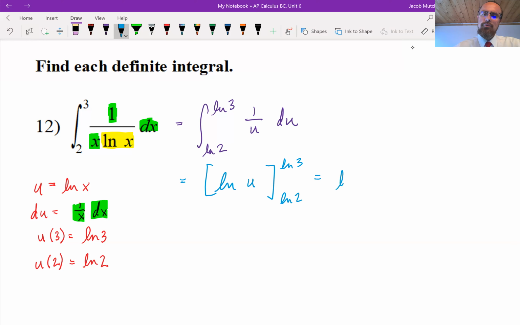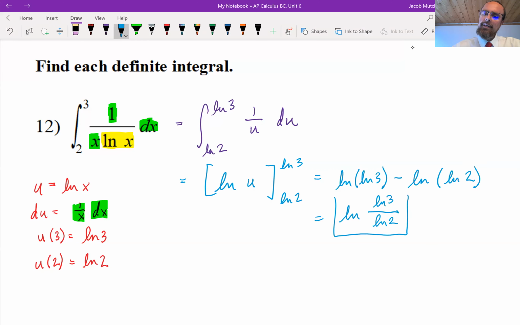So that's natural log of the natural log of 3 minus natural log of the natural log of 2. And then using the logarithmic condensation rules, if I have a difference here, that converts to a quotient. So that's the natural log of the first argument, natural log of 3, over the second argument, natural log of 2. And that finalizes our evaluation.